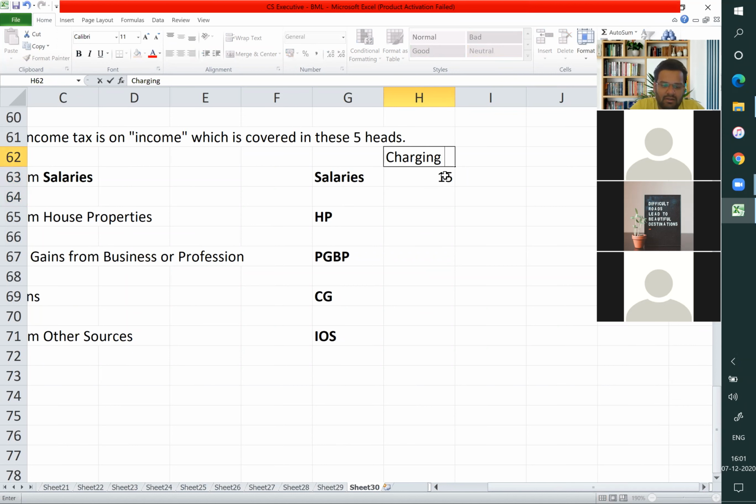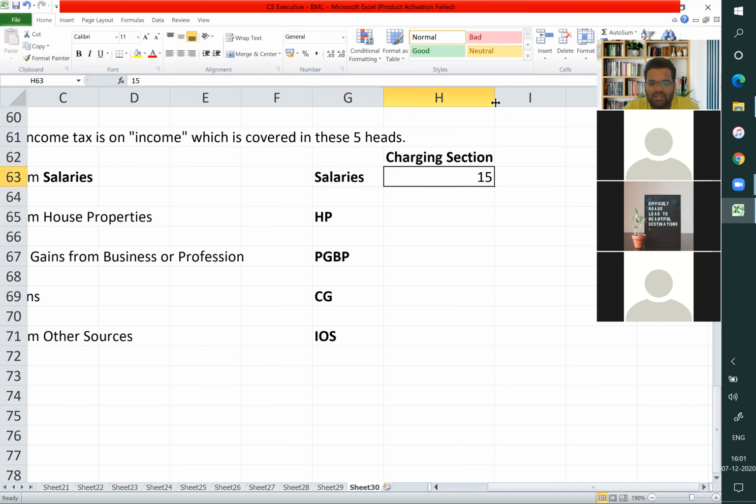I am writing charging section. Charging section means which section in the Income Tax Act will create a charge on income. It means exactly what will be taxed in that particular head will be discussed in this charging section.